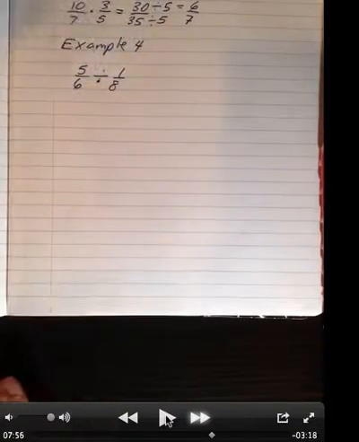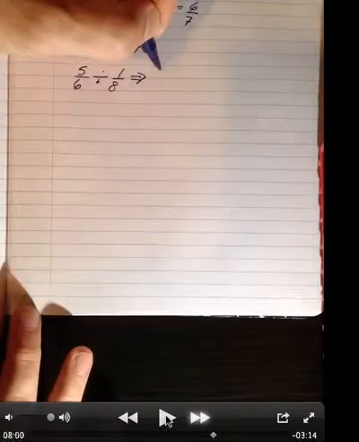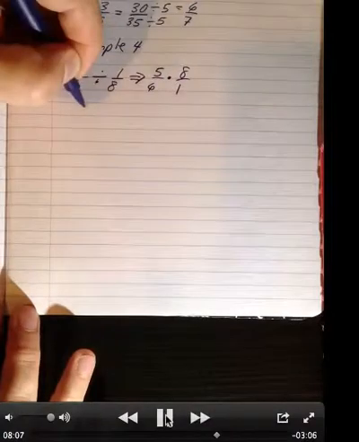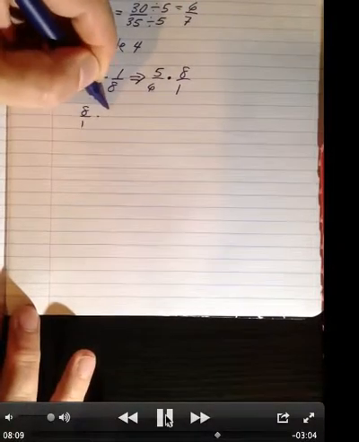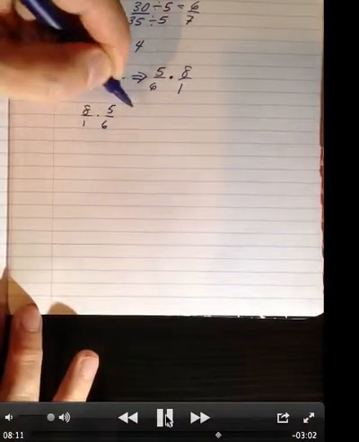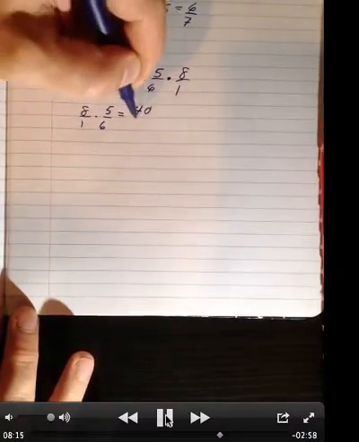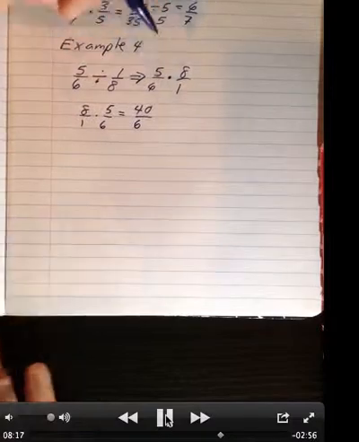Example 4. 5/6 divided by 1/8 is the same as 5/6 multiplied by 8/1. 8/1 multiplied by 5/6 is 40/6.